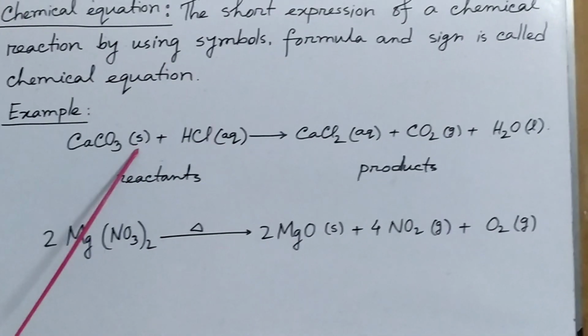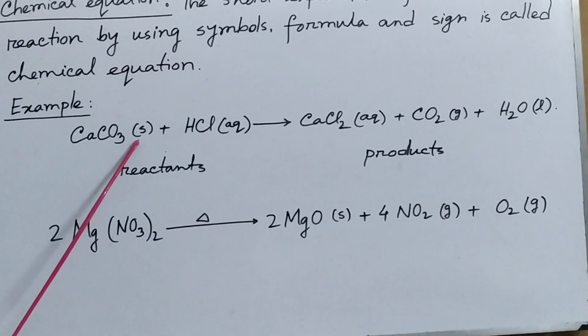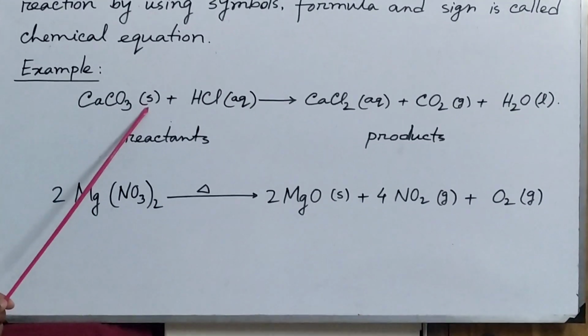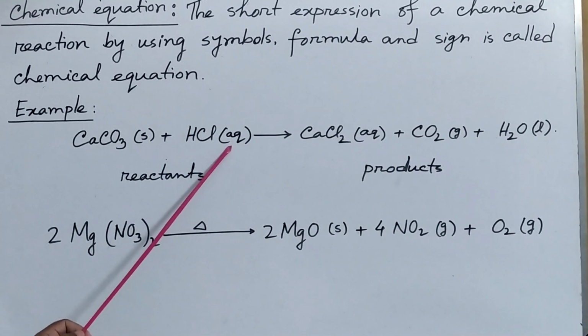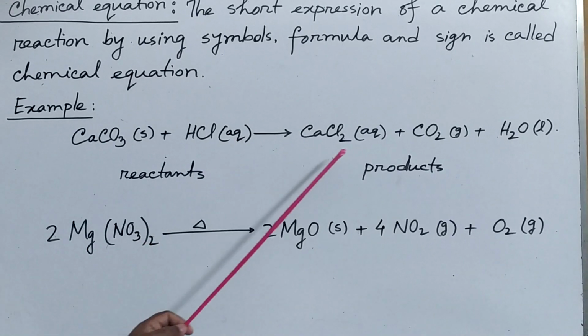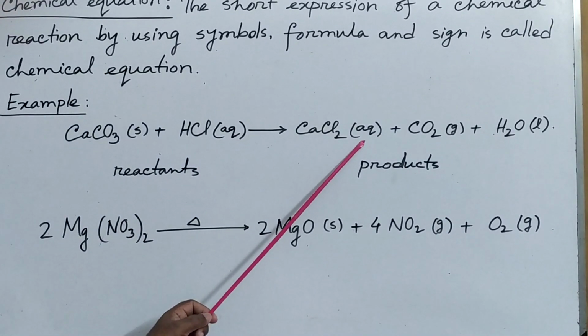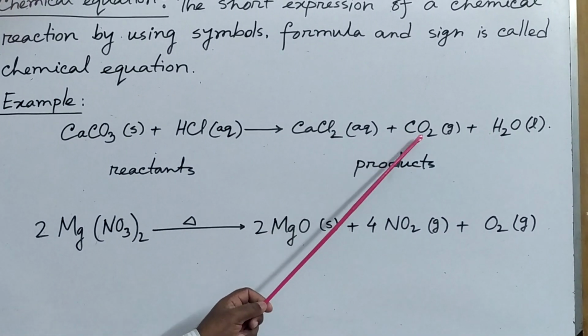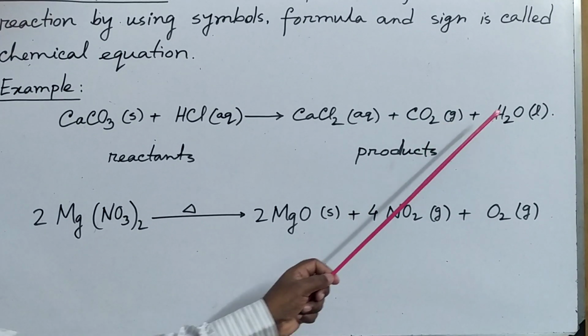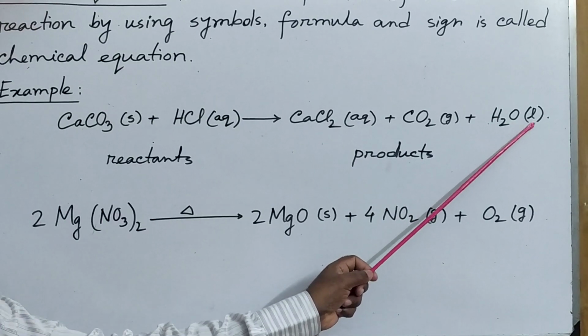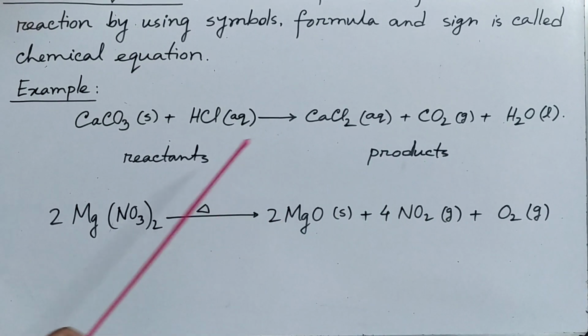In the bracket, the condition of the compound is given. It is solid, so it is written S. It is aqueous solution, so it is written AQ. It is also aqueous solution, calcium chloride. It is gaseous state, so it is written G. It is liquid state, so it is written for water.